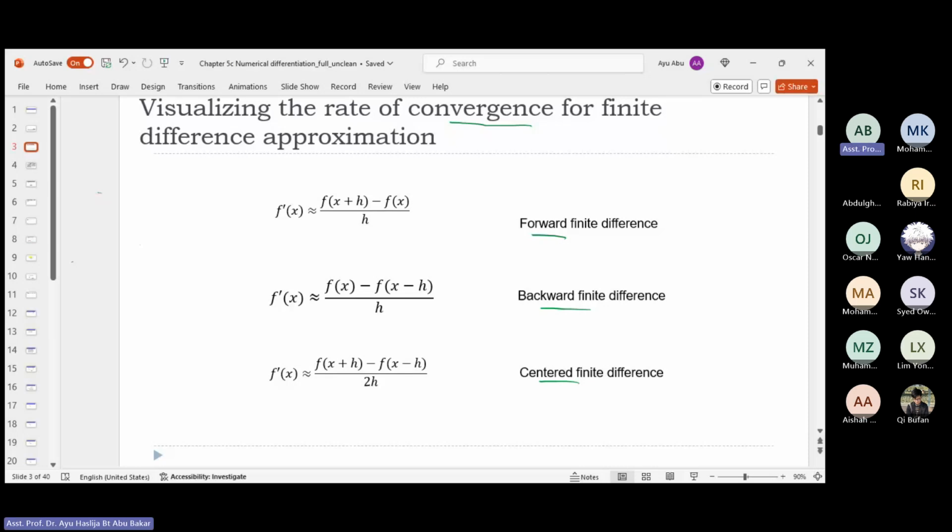Now forward finite difference. It is differentiation. That's why you have f apostrophe over here. Differentiation, as we know, is dy/dx, with terms such as f prime x, f apostrophe x.